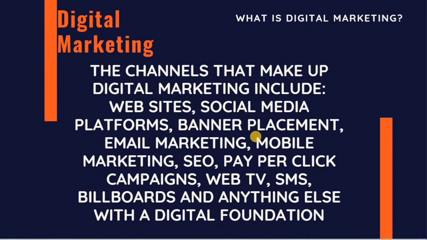They include websites, social media platforms, Twitter, Instagram, LinkedIn, TikTok, banner placement. These are those advertisements you see on top of your website, like when you go into a website, you just see an advert. It might just be up on top of it. We'll talk about that later in this.